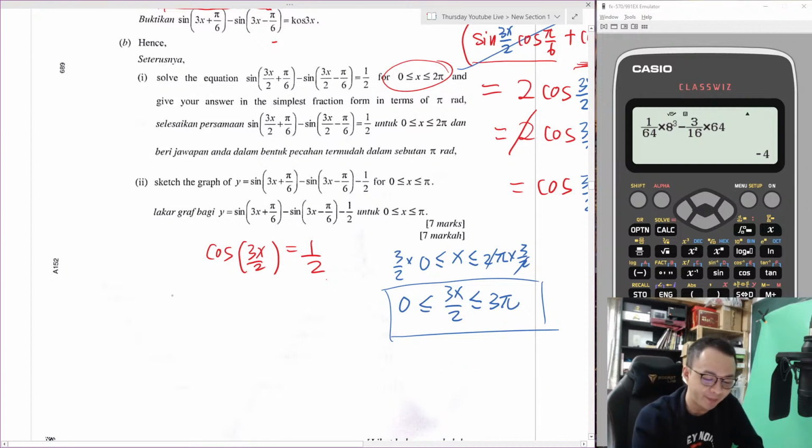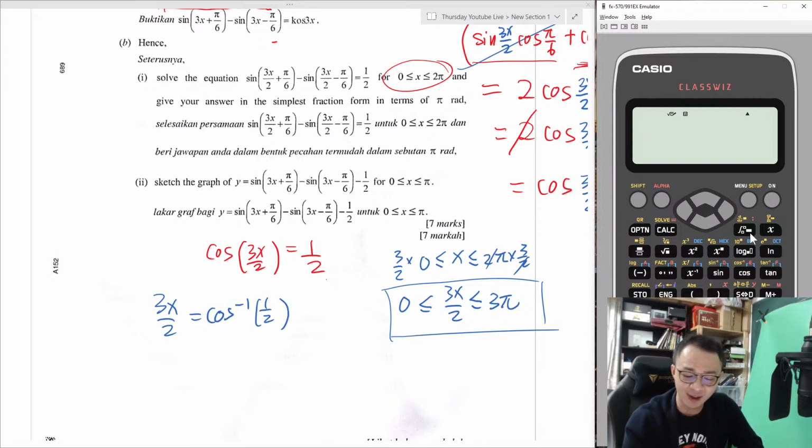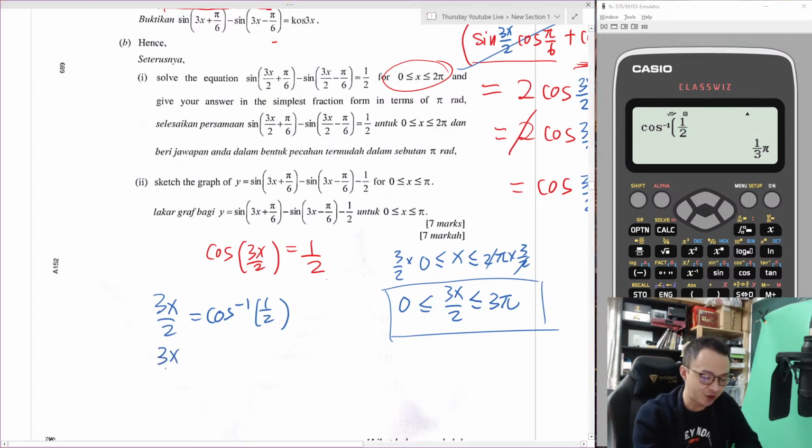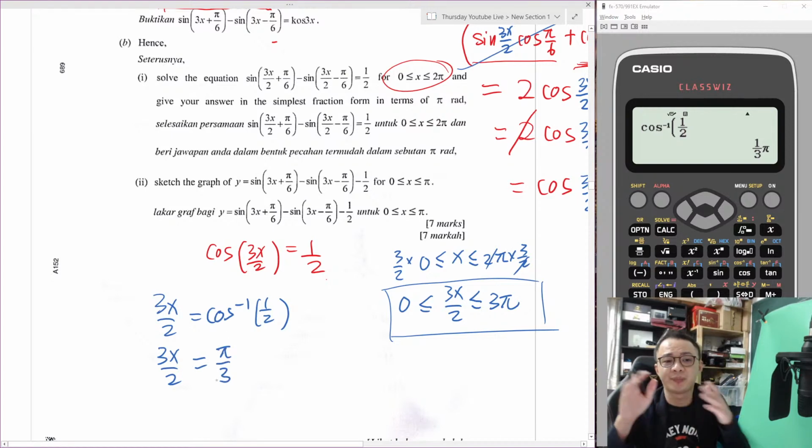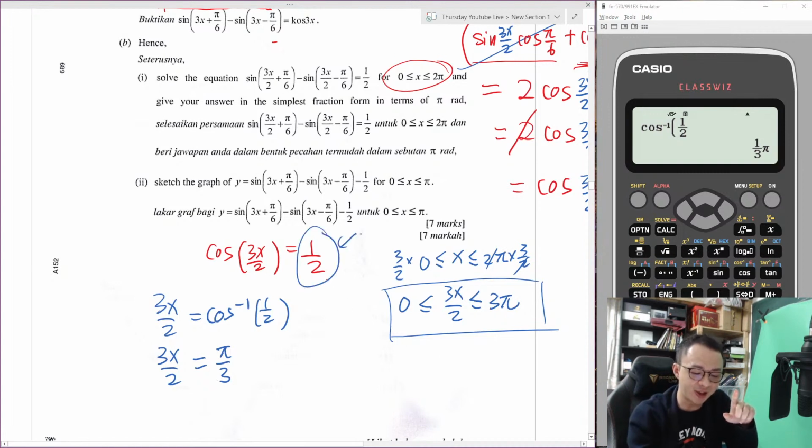Okay, so have a look at this one. So I move the cos to the other side first. I get cos inverse 1 over 2. Then this one will just type in the calculator, nothing special. Shift cos 1 over 2. The calculator will tell me it's pi over 3. So therefore, my 3x over 2, I got my first answer. 1 over 3 pi, or you can call it pi over 3, it doesn't matter, it's the same thing. Okay, but this is positive value.